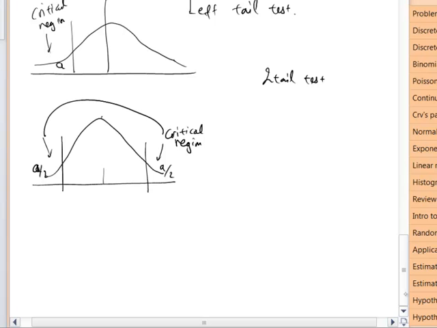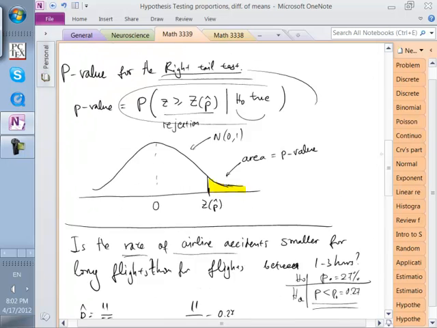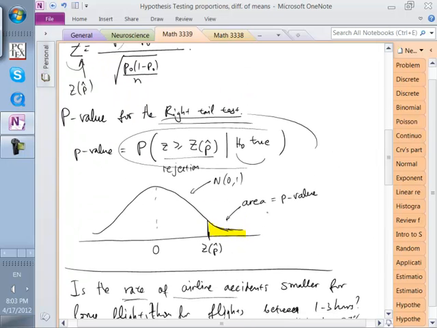Now with the p-values, we define what the p-value is on the right tail test. We just did it here, and that's the definition for the p-value.